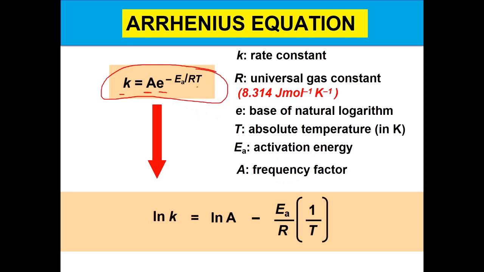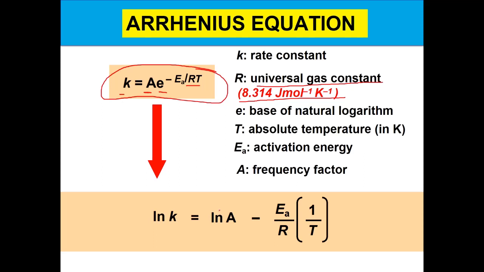EA is the activation energy. R is the universal gas constant, which is 8.314 joule mole negative 1 K negative 1, K is Kelvin.